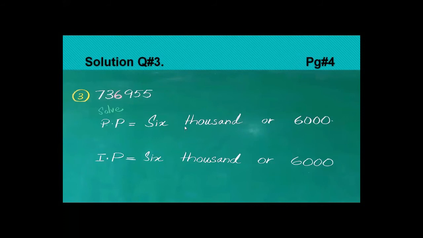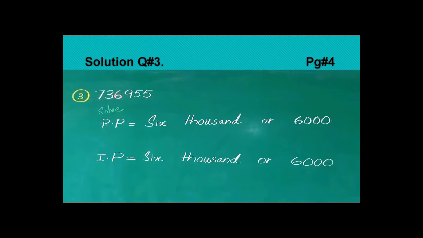So 6 thousand or 6,000, because you know very well that 3 zeros come at the place of thousand. So you will write it like 6 thousand in words or 6,000 in figures. Same in international, there is no change between Pakistani and international up to 5 digits. So in the international way, you will write like 6 thousand or 6,000, same in words and then in figures. This is the Pakistani way, and this is the international way. Hope you all understand this exercise.